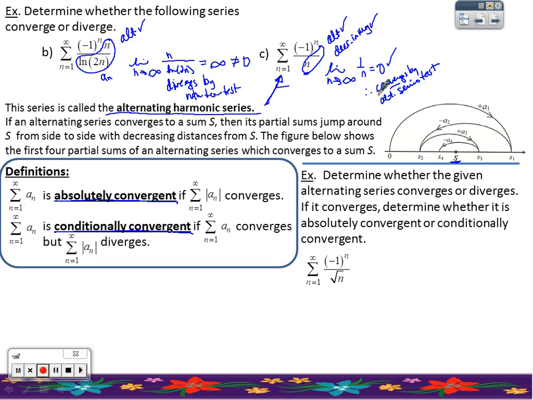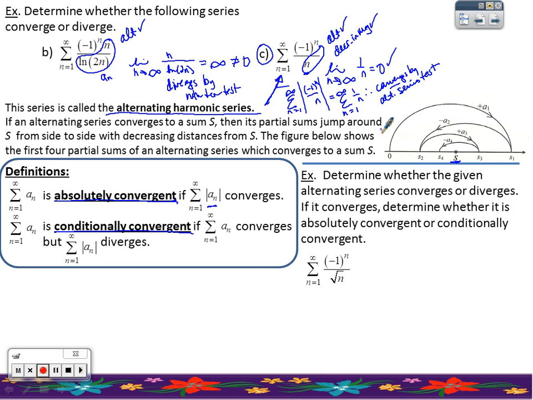All right? The second step, and I'm just going to use this part C as a demonstration of what these words mean. The second step would be to do the absolute value. So I would take this series and I would do the absolute value of it. Okay, I would determine whether that converges or not. Now, how can I write this absolute value? Rewrite it. Right, just 1 over n, right? So the absolute value of this alternating series is the same thing as that.